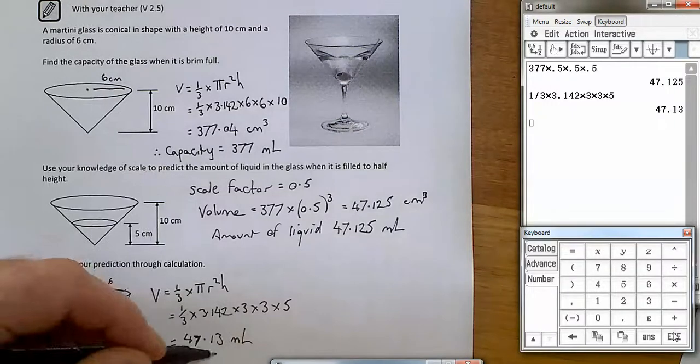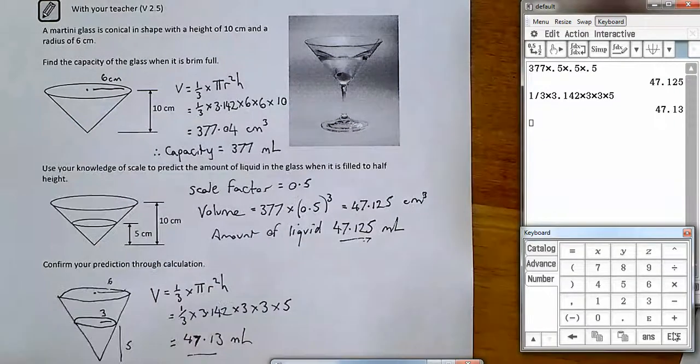And you can see that these two answers are more or less the same. Slight inaccuracy there. We did some rounding off earlier, but more or less we've got the same answer.